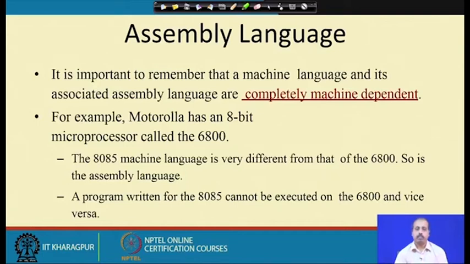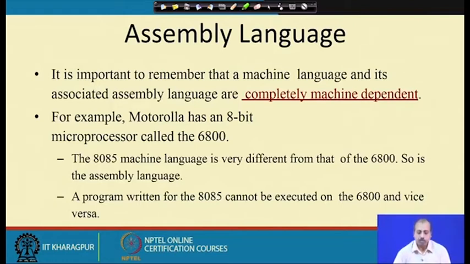From your high level language program it generates the assembly language program, and from the assembly language program it generates the machine code. You can tell the compiler to keep the assembly language code available as a separate file. If we are expert in the assembly language of that processor, then we can look into that code and possibly try to optimize it further.